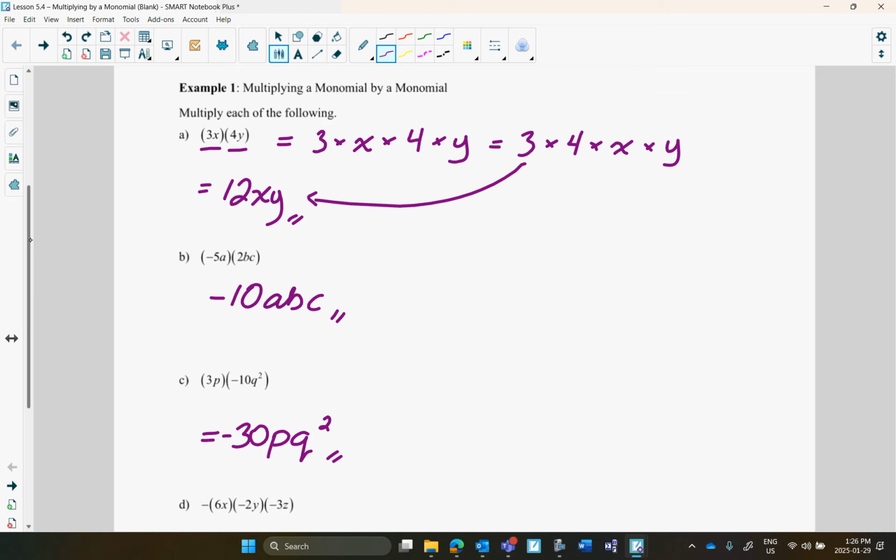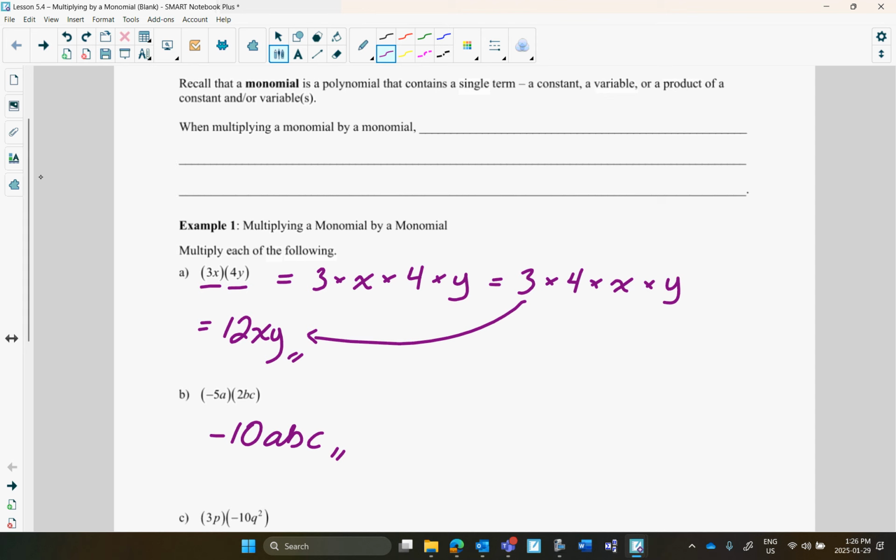So really, what's the rule? Remember what we call the numbers in front of a variable? What's that word? Coefficients.